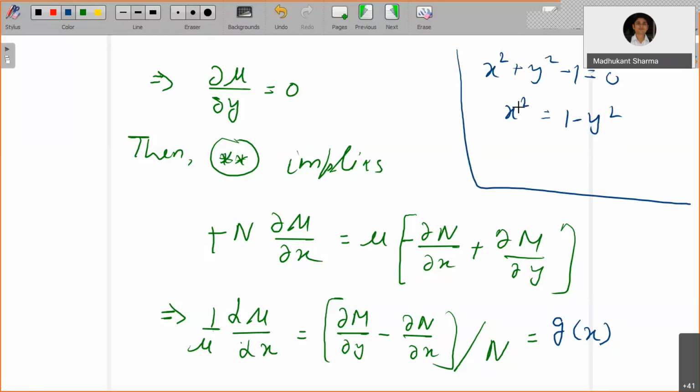I'm telling you, x is an independent variable, but y is a dependent variable on x. So this left hand side is a function of x only, and the right hand side is also ultimately a function of x only. Whenever x is changing, the y value is also changing, right? Did you get my point? Okay.